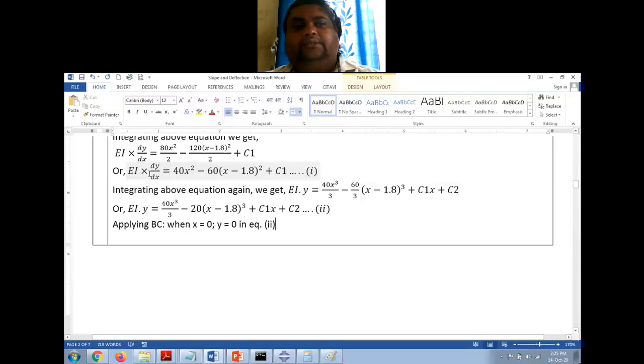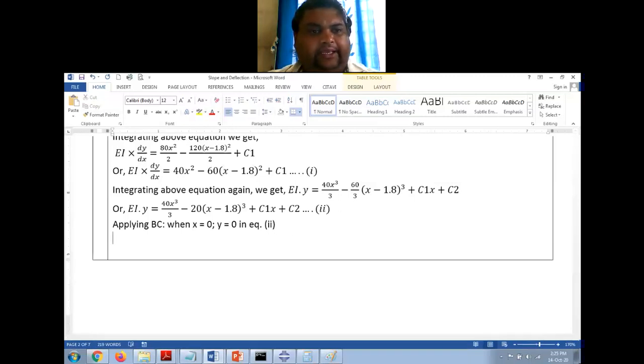Only in simple cases, like a simply supported beam with a point load at center, I know it is at the center where the slope is 0. Other cases we are not sure, so better not try to go to this equation. Always try to apply the boundary condition in this and find the constants C1 and C2. Now let me apply this.